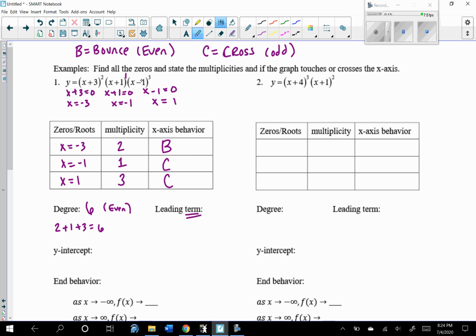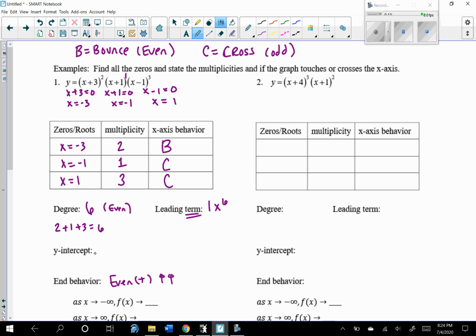So if I think about multiplying this all out, x times x times x times 3 more x's, remember you're just adding those up, and in front the coefficients are all 1, so the leading term would be 1x to the 6. And the reason we need that is because of the end behavior: this is even, and the leading coefficient is 1, positive. So even positive, remember, means both ends are going to go up on our graph.